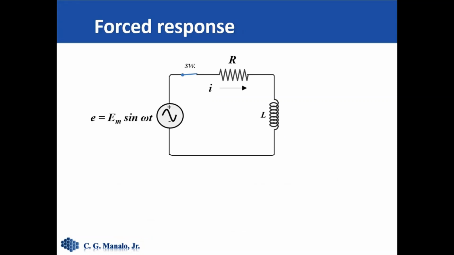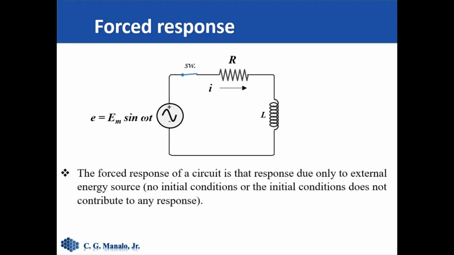Then we go to forced response. So what is forced response? This is the response due only to the external energy. Now we have an external energy, but the elements had no initial energy or initial conditions.